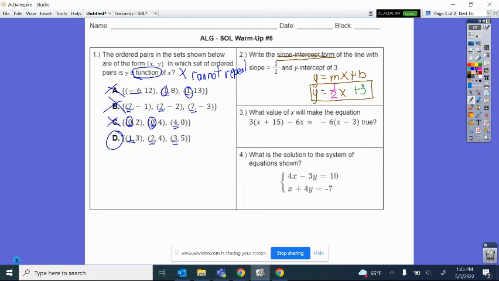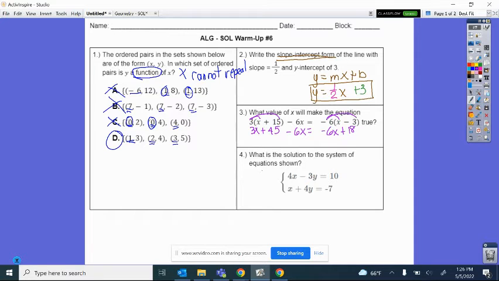Number 3 wants you to solve this equation in order to find out what value of x is going to make it true. So remember that we're going to have to distribute. So this is 3x plus 45. Bring down that minus 6x. And then distribute on the other side, -6x plus 18.